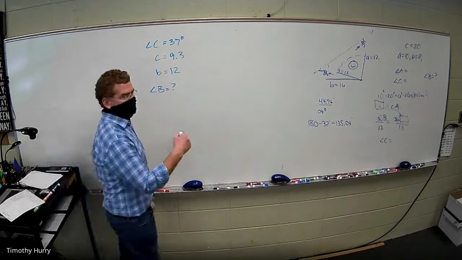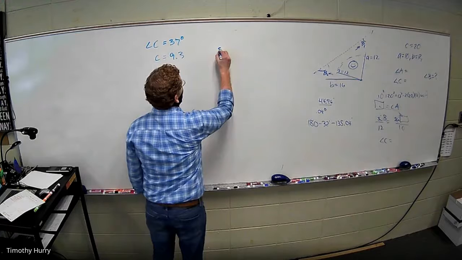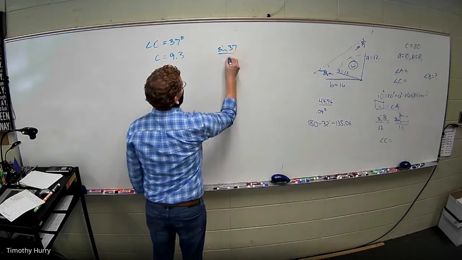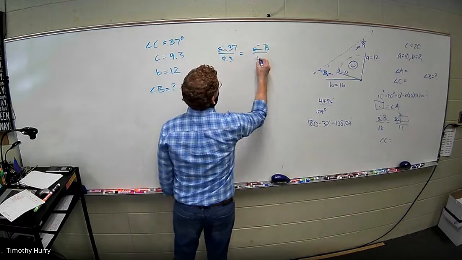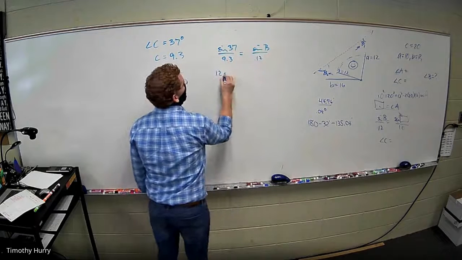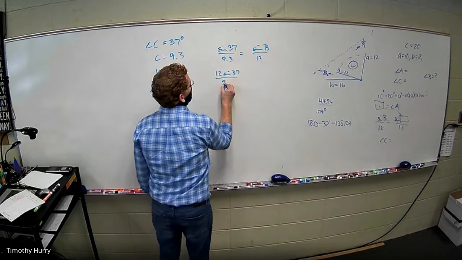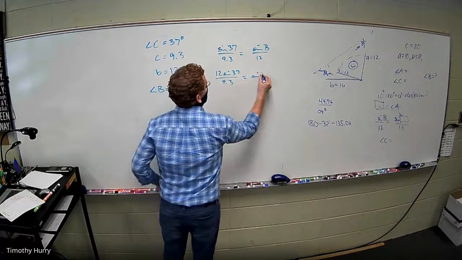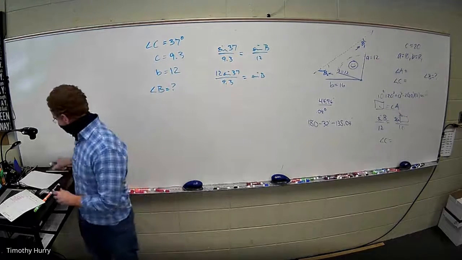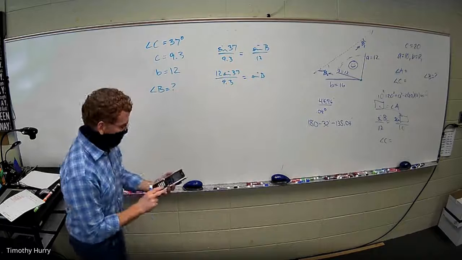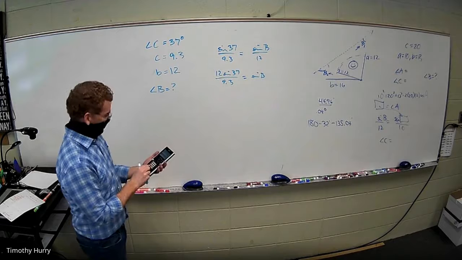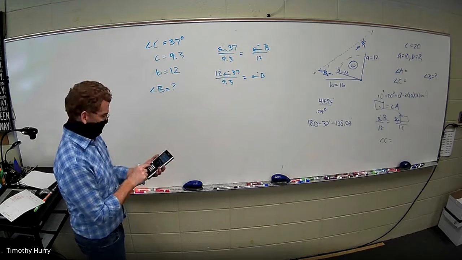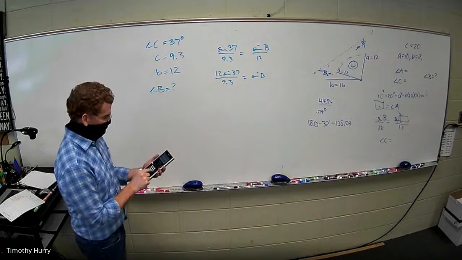So a blind person, the one that's not on their game, is just going to go sine 37 over 9.3 equals sine B over 12. They're going to slide the 12 up there. They're going to type that in their calculator. This happens every year to maybe half the people. Hopefully not this year. Maybe last year to half, though.